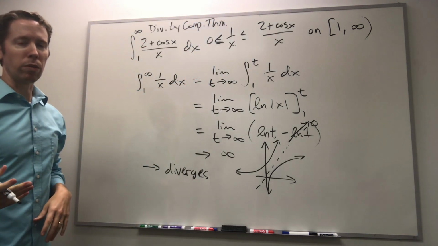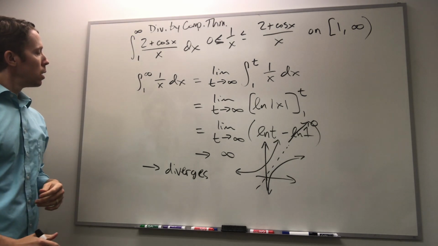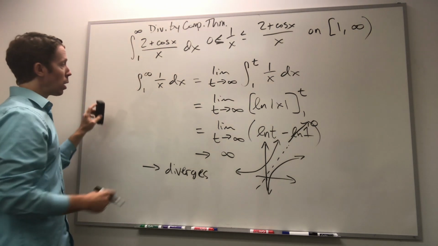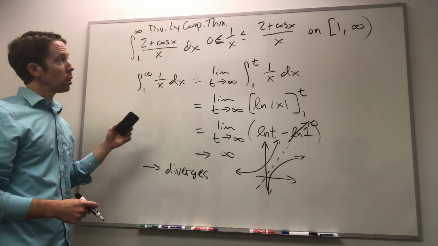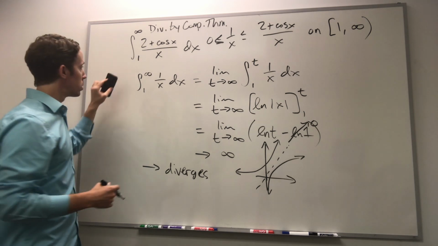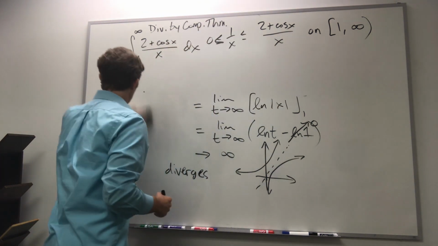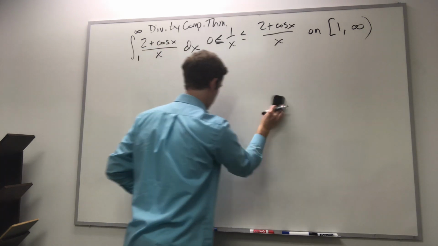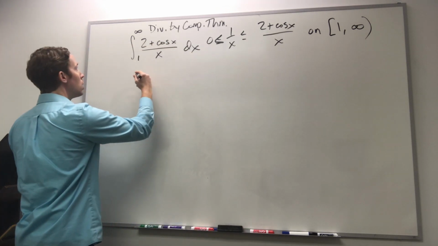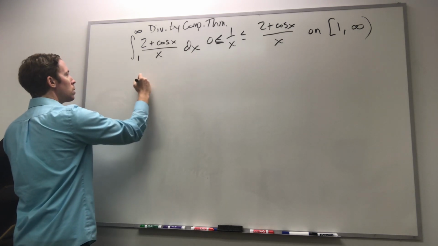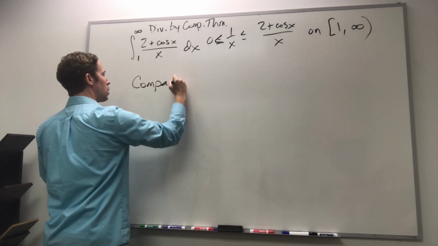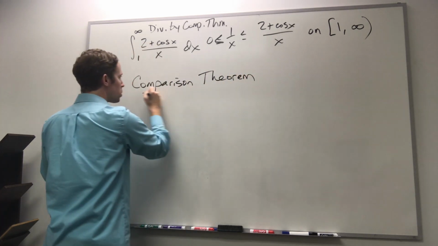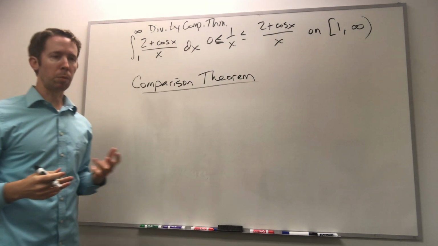And I want to write out a formal statement for the comparison theorem. There are two different versions of it. There's this version that we used, and then there's another version where you can say that something converges. So there are multiple contexts where you could look at a comparison theorem.